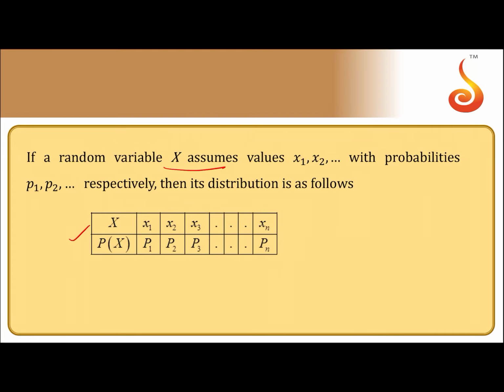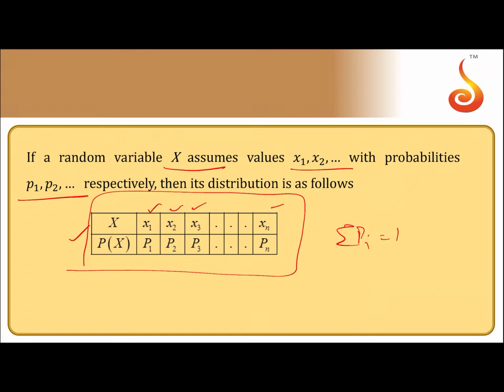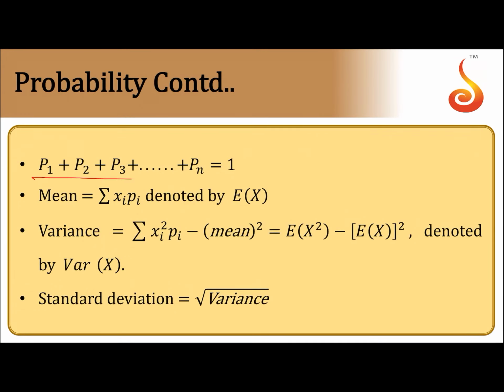The distribution of the random variable is like this. If the random variable X takes the values x1, x2, x3 and so on up to xn, and the corresponding probabilities are p1, p2, p3 and so on up to pn, the distribution of X is written like this, where the sum of pi is always equal to 1, that is, the sum of all probabilities is equal to 1.